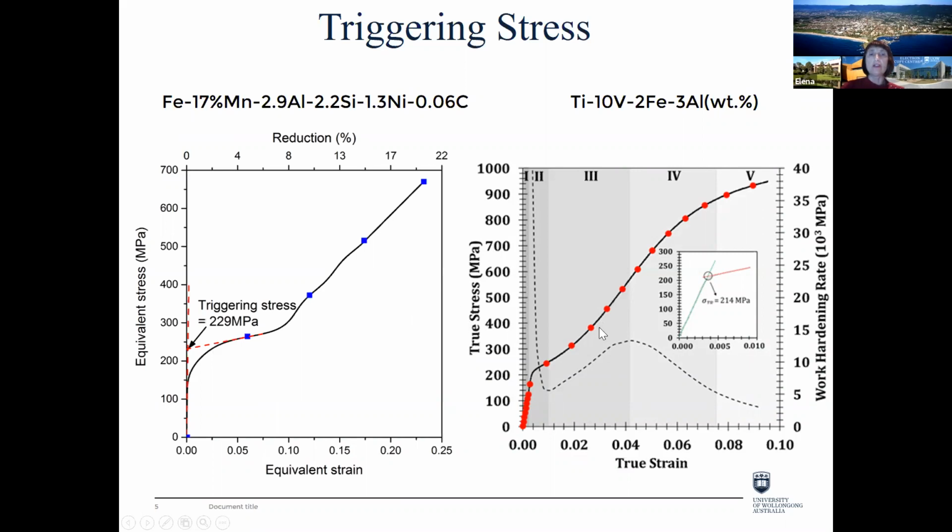In these regions, this is where usually the majority of events take place. Triggering stress is an important parameter also, and sometimes in alloys on stress-strain curves we also observe the so-called double yielding phenomenon, when we have a second yield point later on.